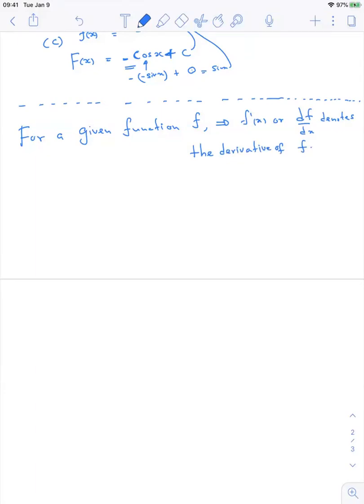This is what we know, right? We have been doing this in differentiation. Now what we are going to do is introduce a notation for antiderivatives of the function f.